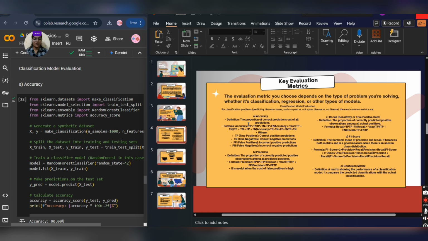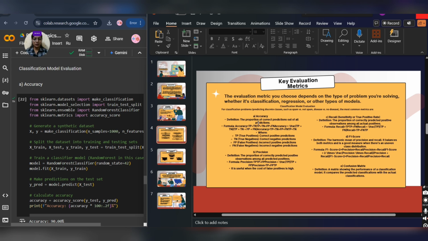Now, key evaluation metrics. The evaluation metric you choose depends on the type of problem you are solving, whether it's classification, regression, or other types of models. For classification problems predicting discrete classes such as spam versus non-spam, disease versus no disease, the most common metrics that we use are accuracy, precision, recall, F1 score, and confusion matrix.